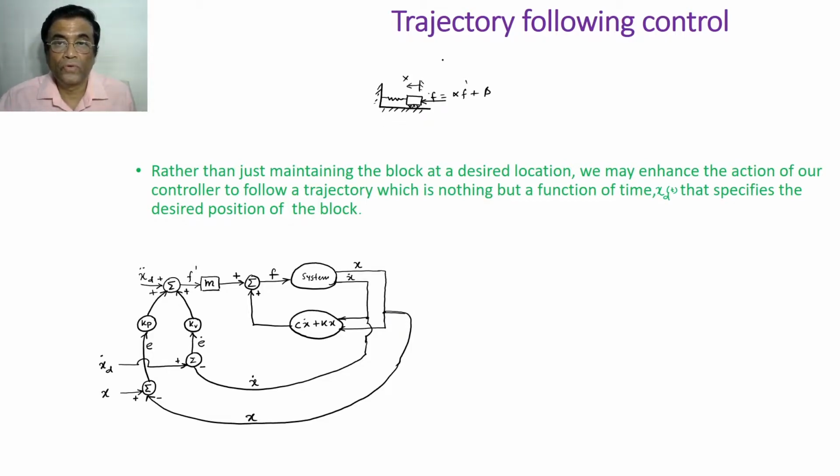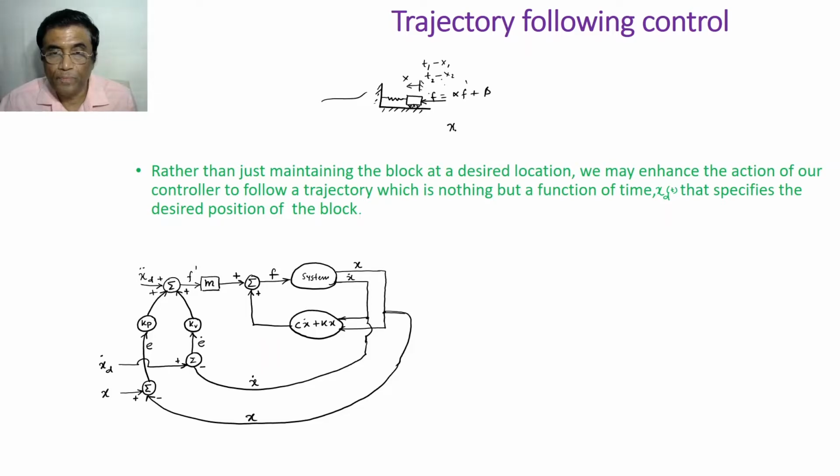We were doing this: at t equals t1, I will have to take my block to x1, at t2, I will have to take the block to x2, and so on. So that was my earlier goal. Now we are extending the action of our controller to follow a trajectory of the block, which is nothing but a function of time.